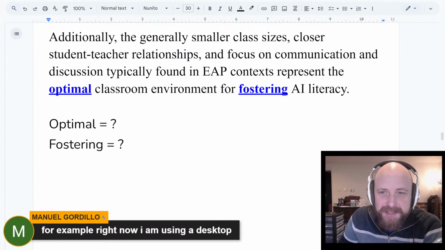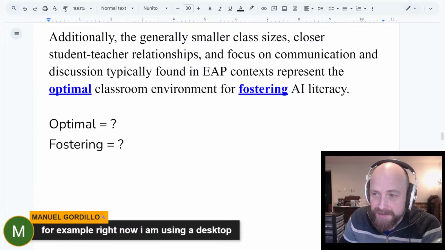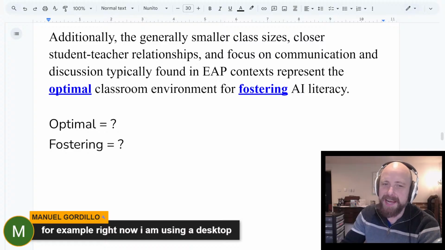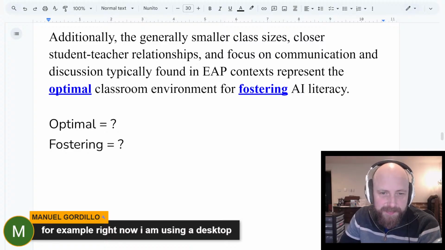Okay, moving on. Additionally, the generally smaller class sizes, closer student-teacher relationships, and focus on communication and discussion, typically found in EAP contexts, represent the optimal classroom environment for fostering AI literacy.